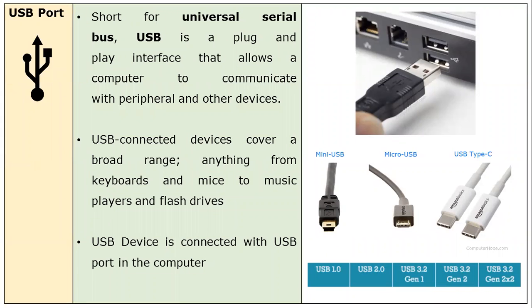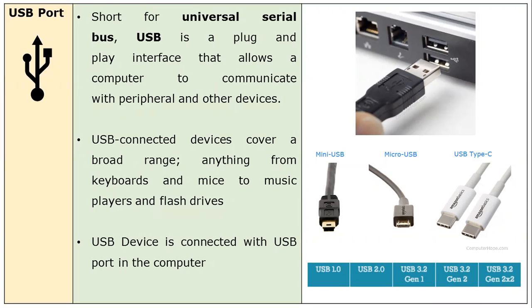Right, then there are different types of USBs. Here are some types: mini USB, micro USB, USB type C, very small types of USBs. Normally you can find them on your smartphone or tabs, small devices having this small type of USB, mini USB or micro USB port.